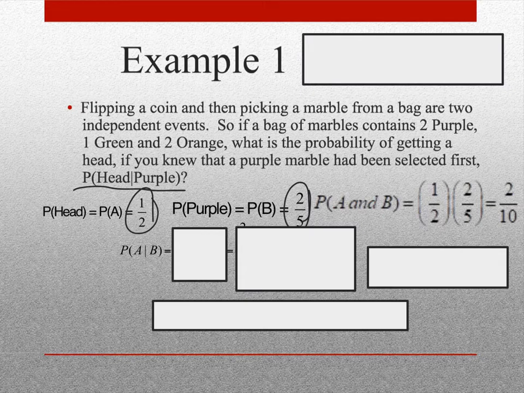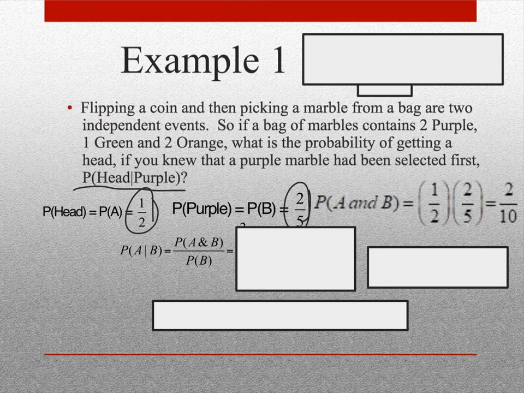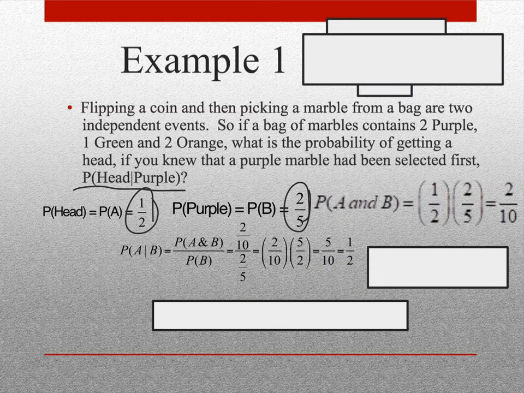So the probability of A, given that B occurred, would be the probability of A and B divided by B. Now, if we write that out with numbers, I know this looks disgusting with all these fractions. Actually, it looks fantastic. I love fractions. So we've got 2/10, or 1/5, divided by the probability of B, which is 2/5.